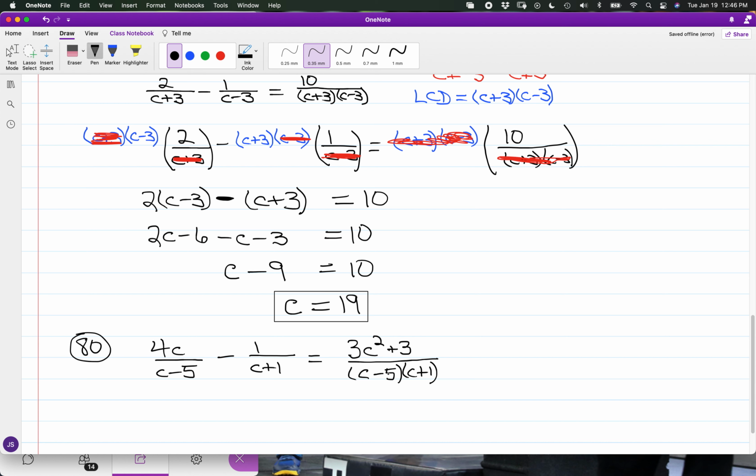I'm just going ahead and displaying everything in factored form.